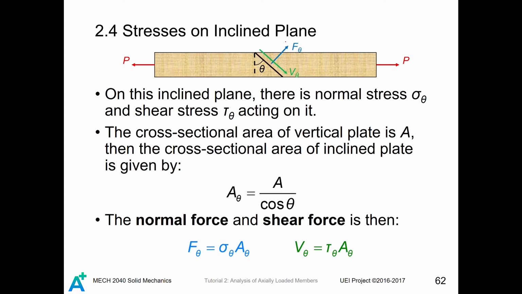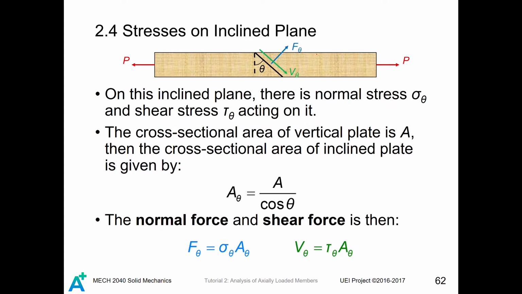On this inclined plane, there is an inclined shear force V theta and an inclined direct force F theta. Also, on this inclined plane, there is a normal stress sigma theta and a shear stress tau theta acting on it.